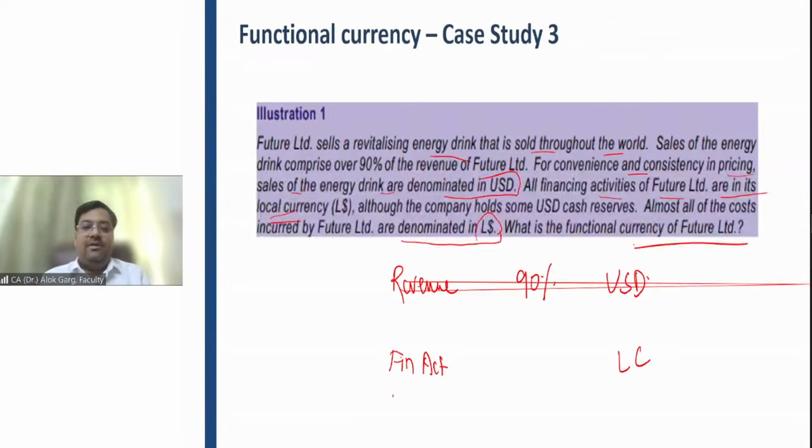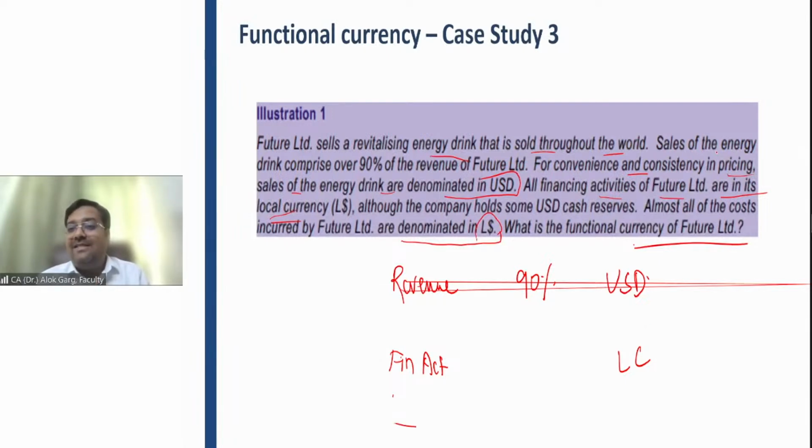If you look at cost, 100% of the cost is in local currency, and the entire financing activity is also in local currency. 90% of the revenue is not from the US market.